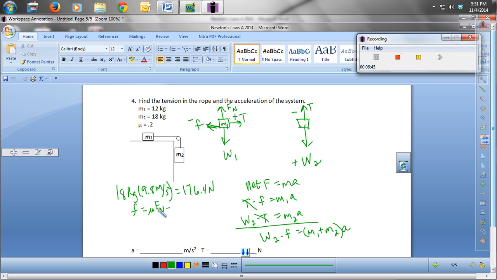Mu was given to you as 0.2. Force normal equals weight 1. Weight 1 was 12 kilograms times 9.8 meters per second squared. And I needed to see every bit of this. And I hope to see it on Thursday. So if I did that correctly, the friction wound up being 23.5.